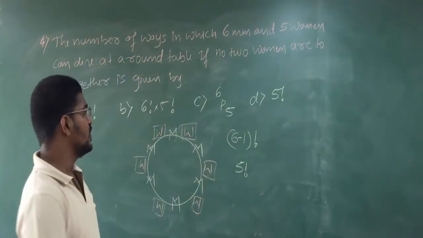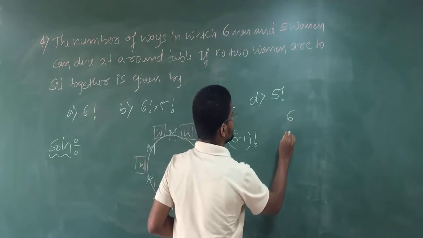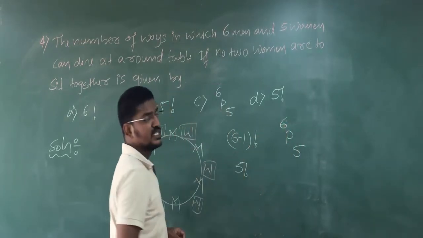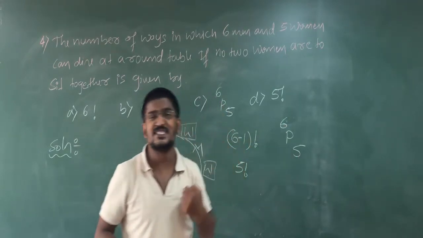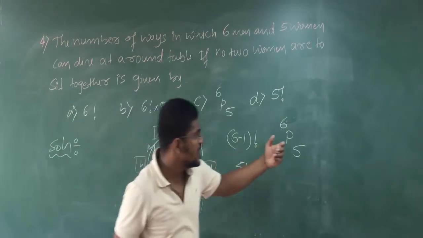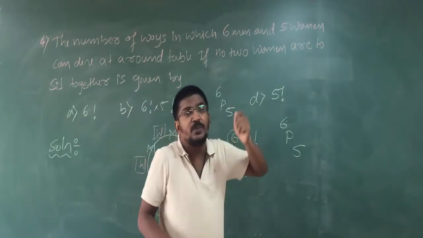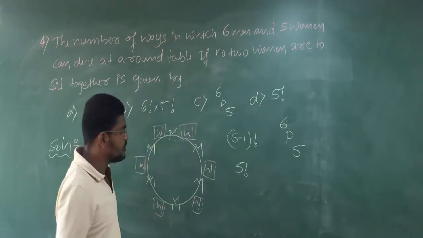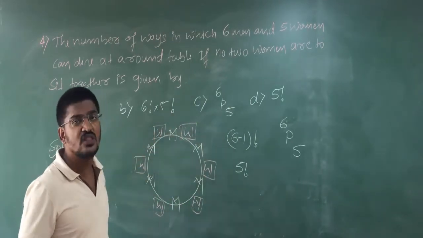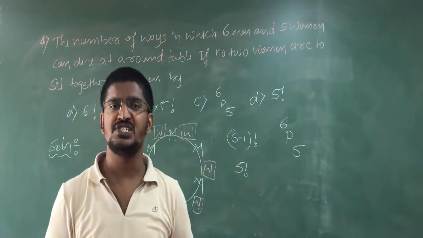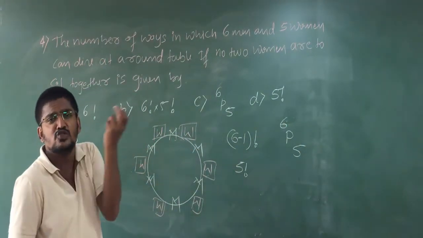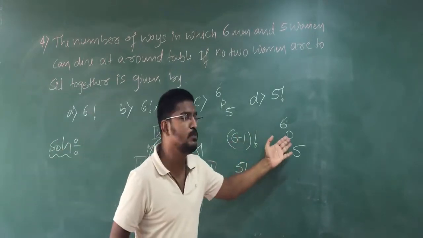That means we go for 6P5, because from 6 places you are choosing 5 places. Are you getting my point? First you make a sitting of your men. 6 men are arranged around the table. Now arrange the women. For the women you have 6 places. Out of that 6 you choose 5. That means nothing but 6P5.